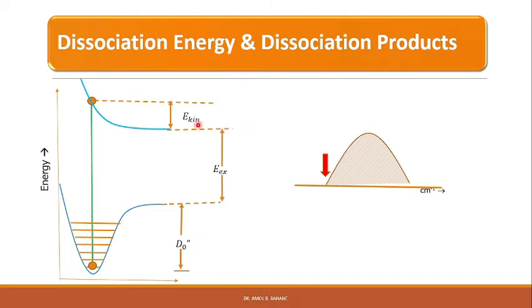If the molecule has received excess energy, that will be released as the kinetic energy of the separated atoms or dissociation products, and therefore we get a continuous kind of spectrum. So as before, if E_XE can be found from the knowledge of the dissociation products, D0'' can be measured with great accuracy. So in this case, we can measure the dissociation energy from the ground state.